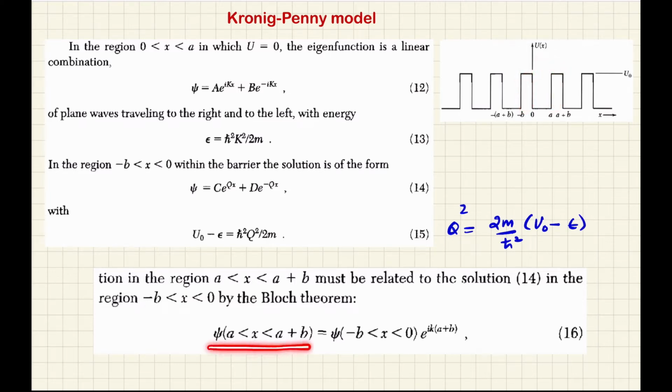This psi is the solution in the region a to a plus b. That is equal to the solution in the region between minus b and 0, a function of the form u_k of x, and there should be a plane wave factor, e raised to i k (a plus b). So the two solutions must be connected by the Bloch theorem.